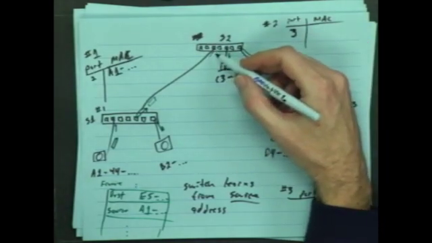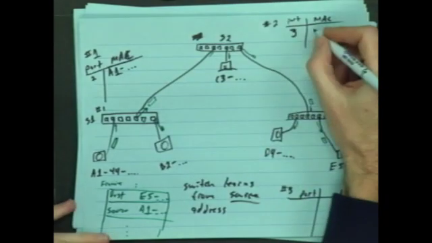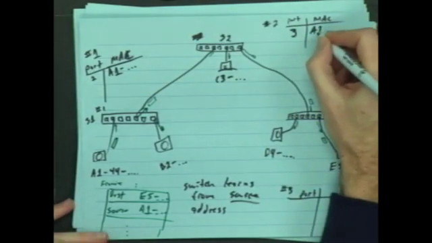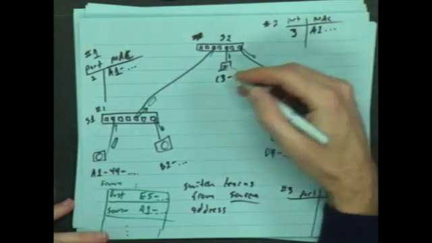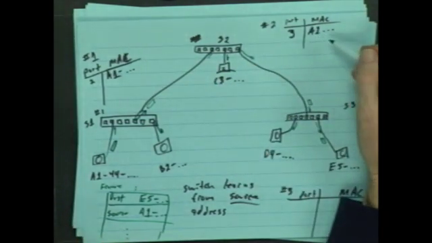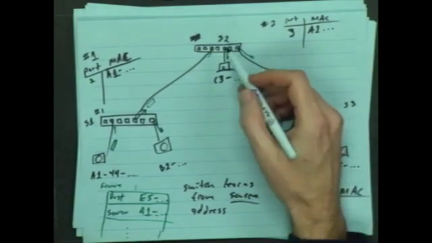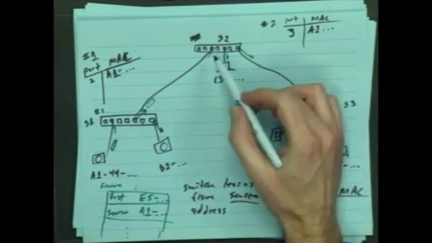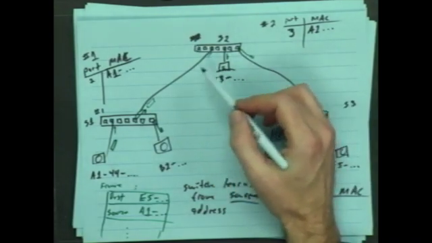All it knows is it just got a frame from A1 on port 3. That's all it knows, and that's all it can put in there, okay? Ethernet's real simple, but it does work. It doesn't know this is a switch. It doesn't know anything. It just knows A1 is this way. If I want to get to A1, it's this way.